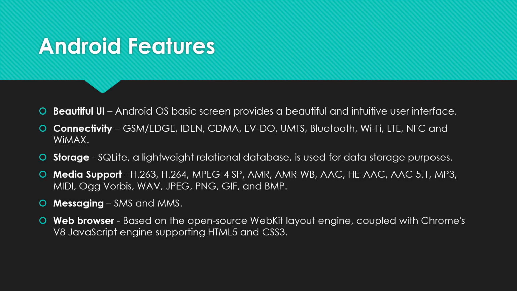Here are some of the connectivity options that you can manipulate: GSM, EDGE, IDEN, CDMA, EV-DO, UMTS, Bluetooth, Wi-Fi, and so on and so forth. You can manipulate those via code.